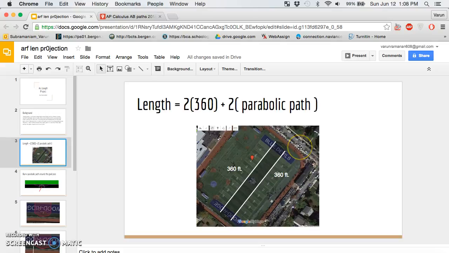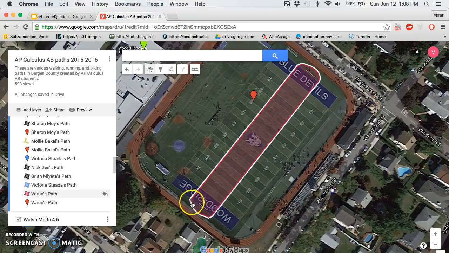A regulation football field's length is 120 yards. So that's 360 feet, and we're running this straight path 2 times. So the length is equal to 2 times this 360 feet plus these 2 parabolic parts at the end.